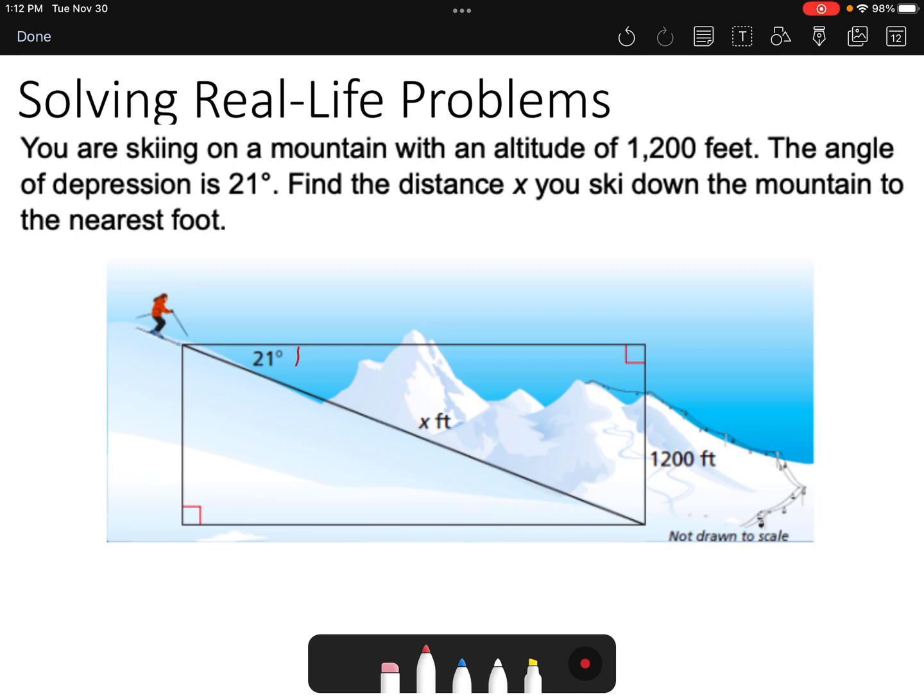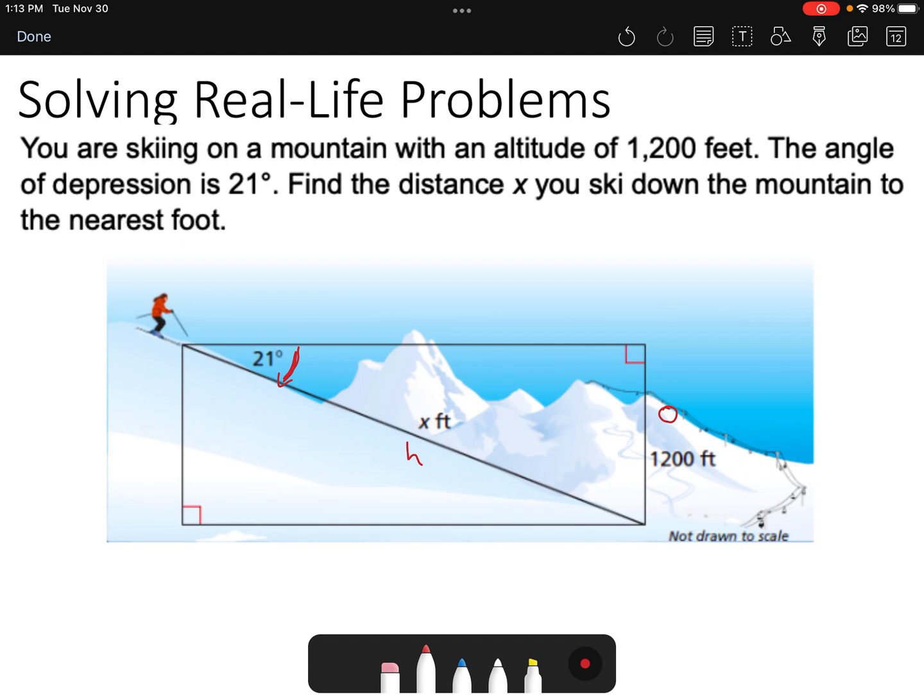The angle of depression, and that means downhill, like so, is 21 degrees. Find the distance x you ski down the mountain to the nearest foot. Okay, so if we take the sides that we know, and we take the angle 21 degrees, then 1,200 would be the opposite, and x would be the hypotenuse.